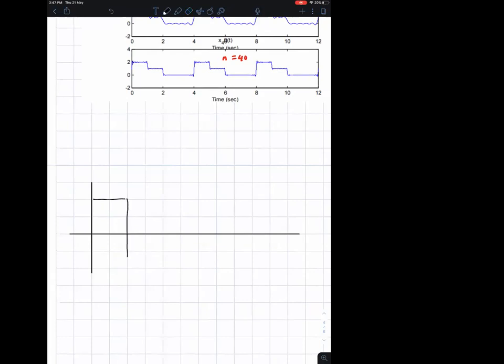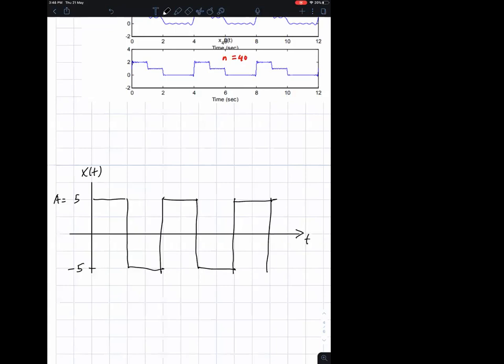You're given a square wave. Let's say this is 5 and this is -5, so the amplitude is 5. This is your x(t), and this is time.